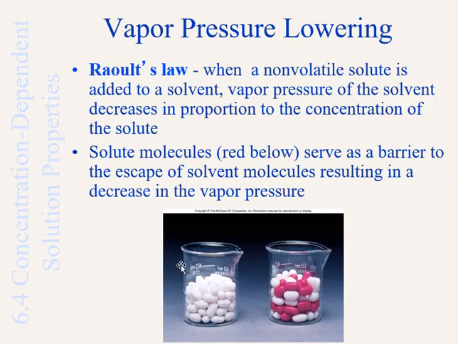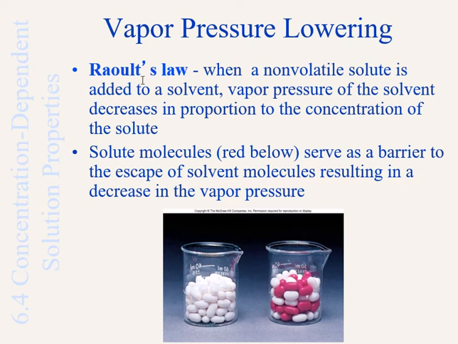And we can see it here how if we assume that these white molecules that look like tiny capsules are solvent particles, and then when we introduce some solute shown here in red tablets, then there is less amount of the white on the surface that can actually enter into the gas phase. And because of that, there is lower vapor pressure produced by the solvent.